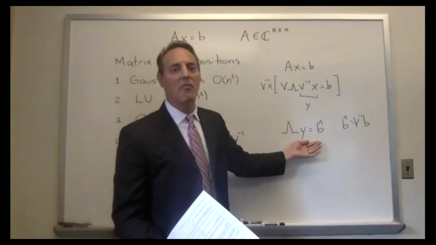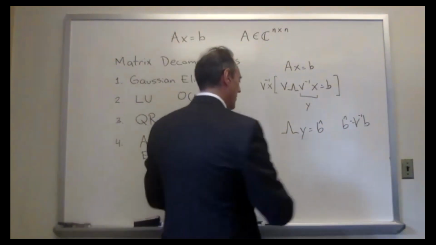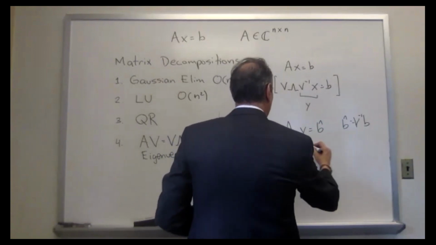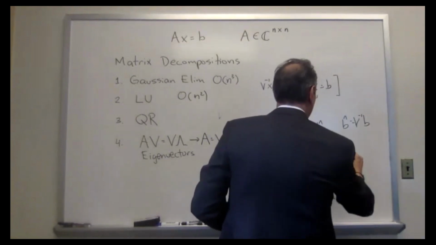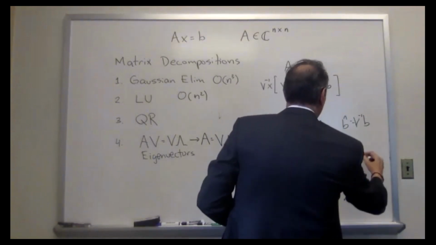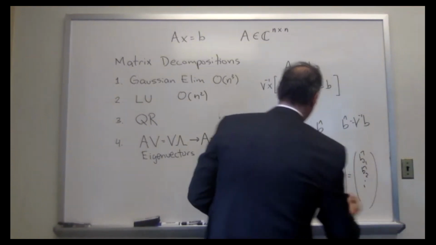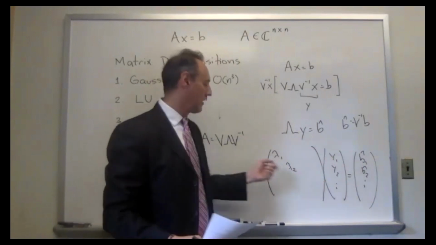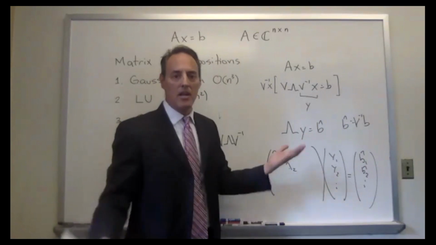This is already solved then. It's in diagonal form. In other words, this thing here is lambda 1, lambda 2 times y1, y2. So y1 is equal to b1 hat divided by lambda 1, y2 is b2 hat divided by lambda 2. I've got it all solved.